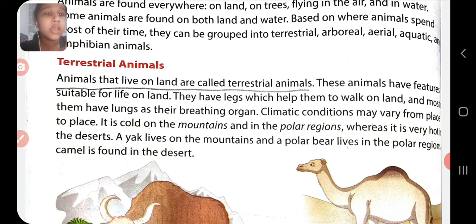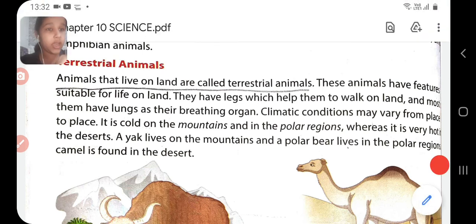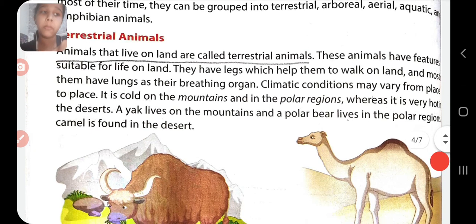Climatic conditions may vary from place to place. It is cold on the mountains and in the polar regions, whereas it is hot in the deserts. Yes, a yak lives on the mountain and a polar bear lives in the polar region. Camel is found in the desert.